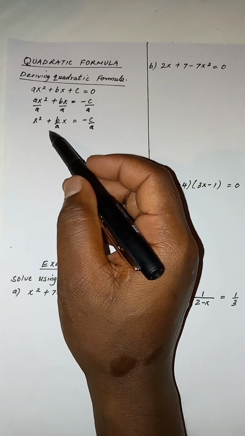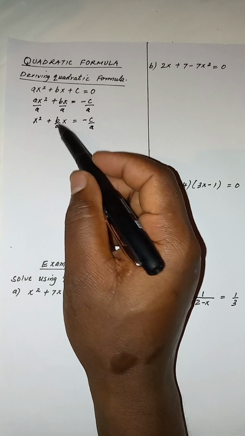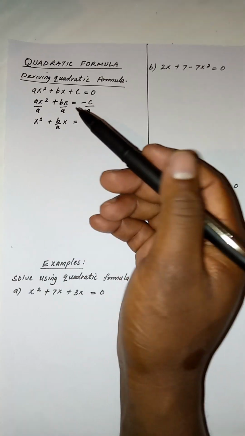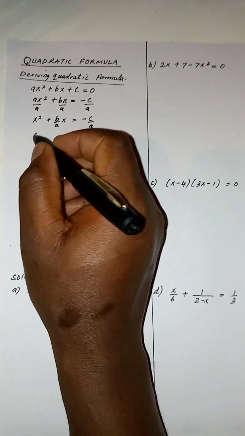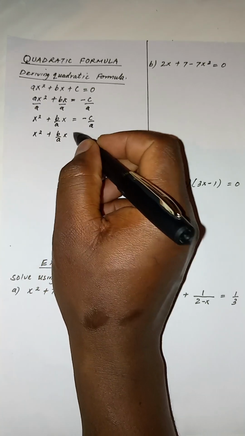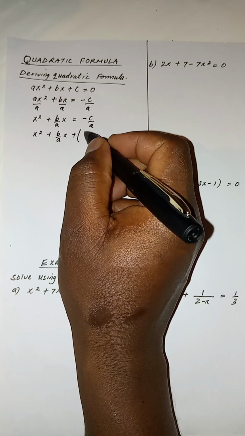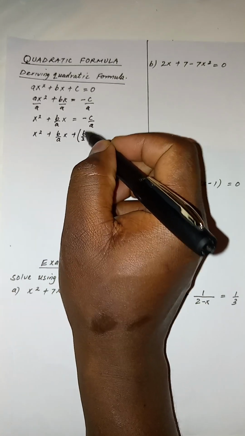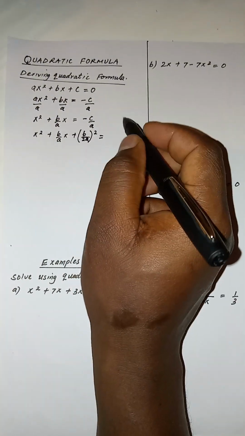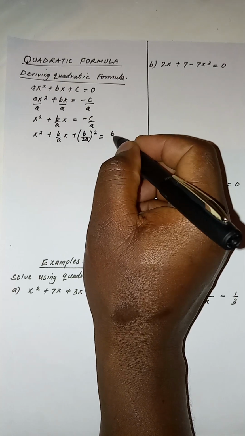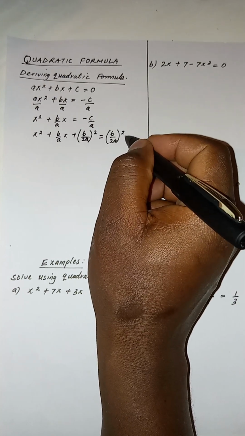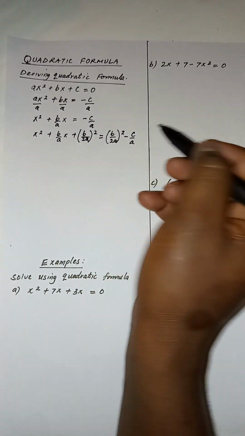We add b all over 2a, squared, on both sides. So this will give us x squared plus b all over a x plus, in brackets, b all over 2a squared is equal to b all over 2a squared minus c all over a.